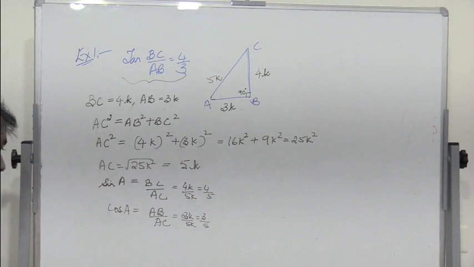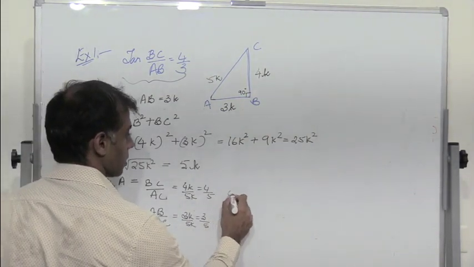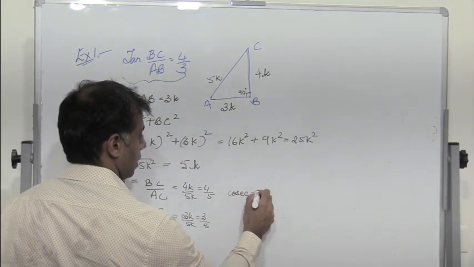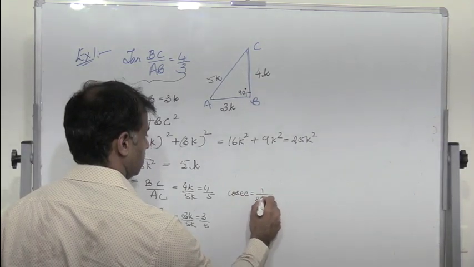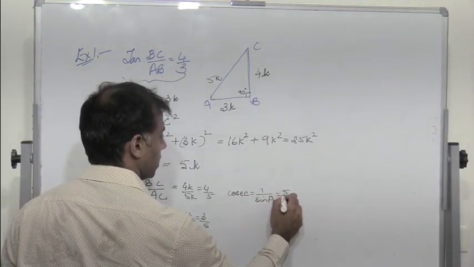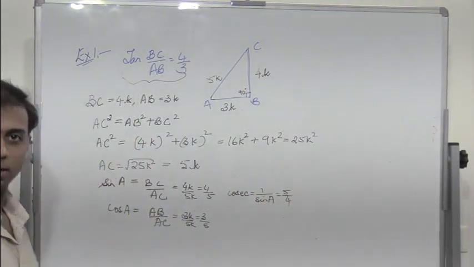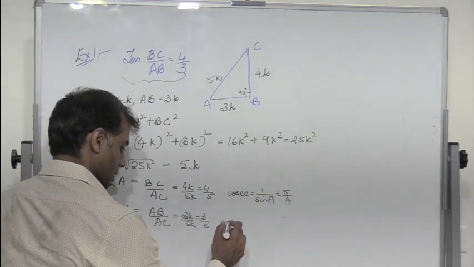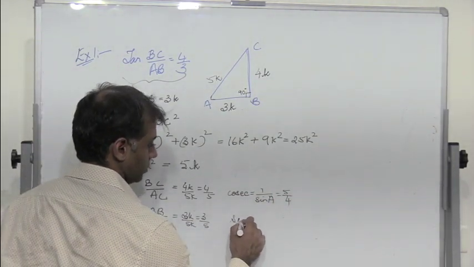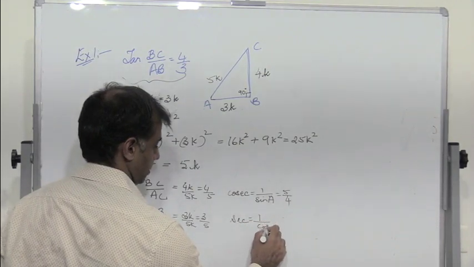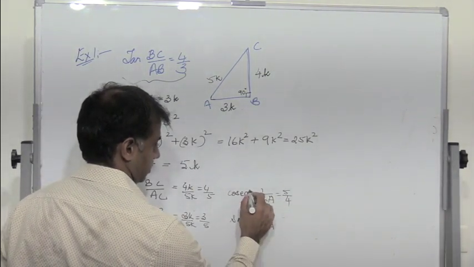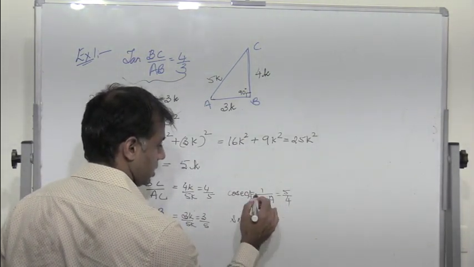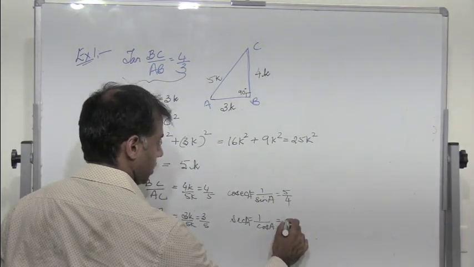Now what is cosecant? It is 1 by sine, so it is 5 by 4. Similarly, what is secant? Secant is 1 by cos A, which is 5 by 3.